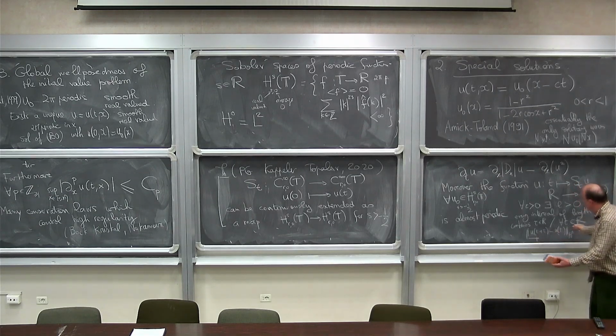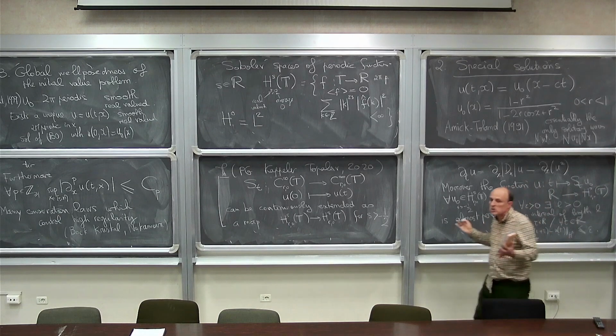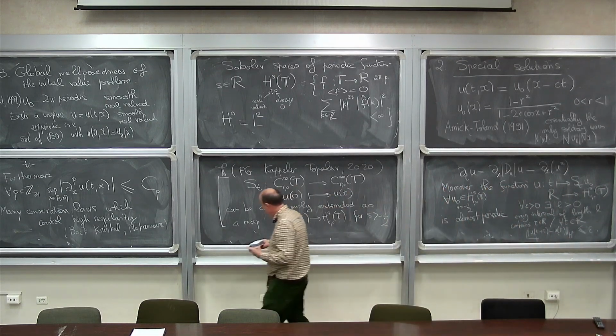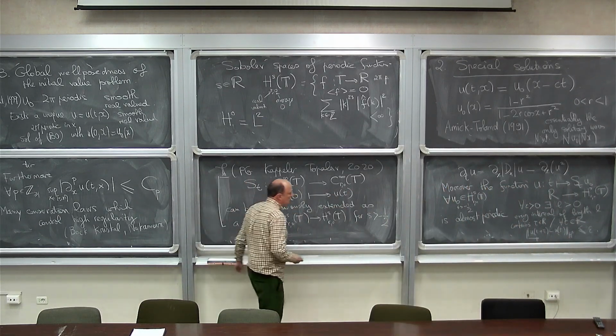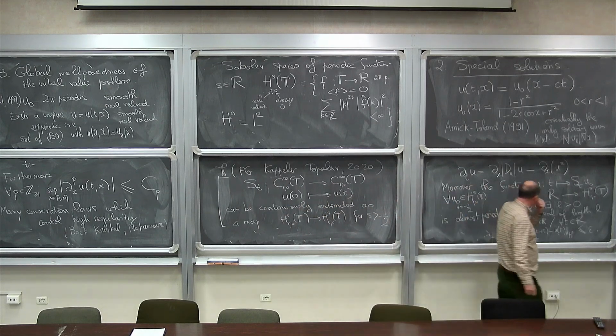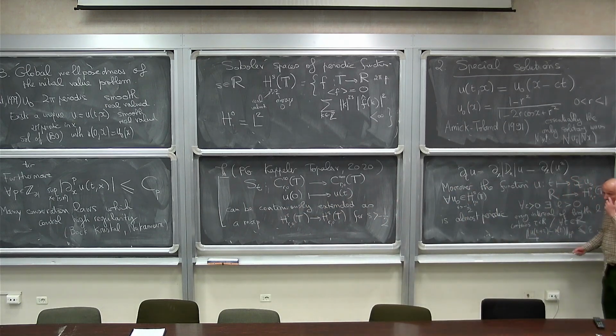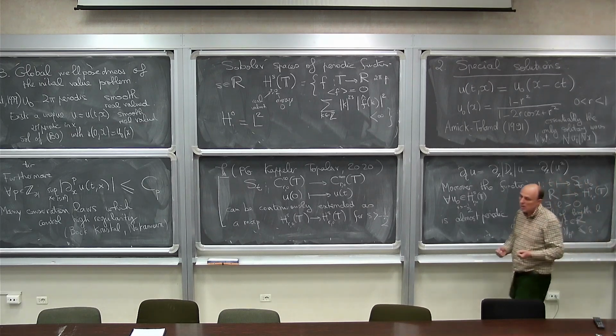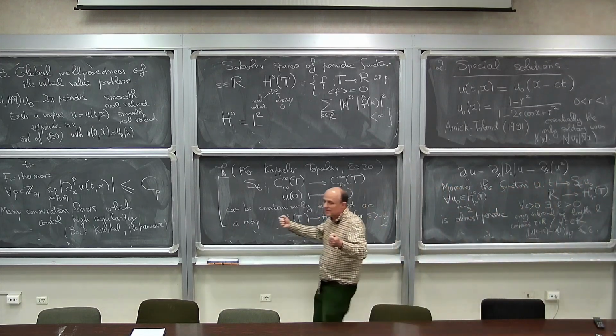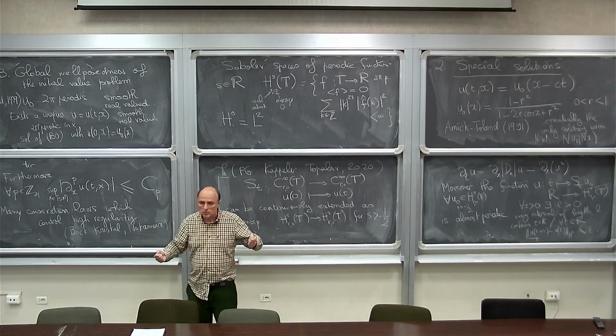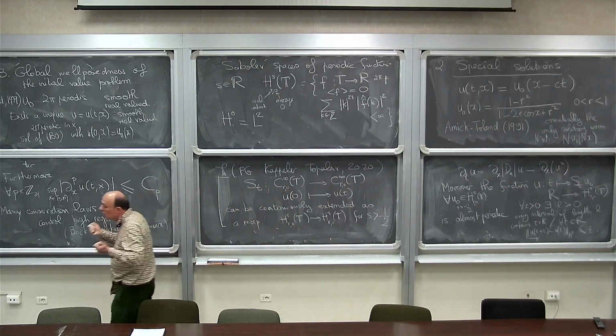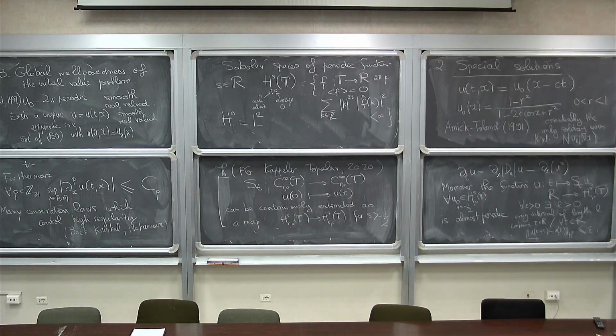It means that essentially you can approximate this. In fact, this is a nice result by Bohr. You can approximate such functions by finite sums of what you call generalized trigonometric polynomials.